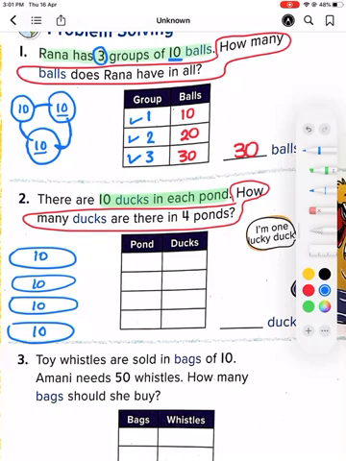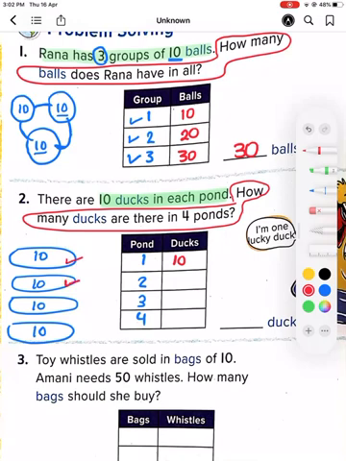Let's write the number of our groups, our ponds. 1, 2, 3, 4. Now, in one pond, how many ducks I have? I have 10. Or let me write it in red. I have 10. In one pond, I have 10.